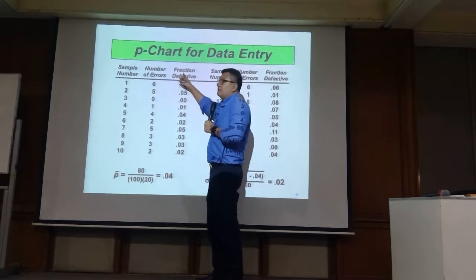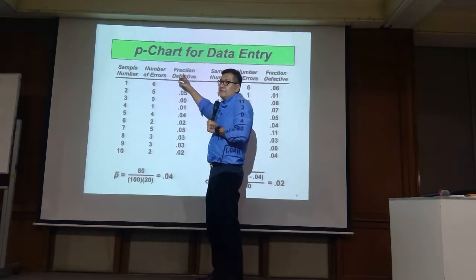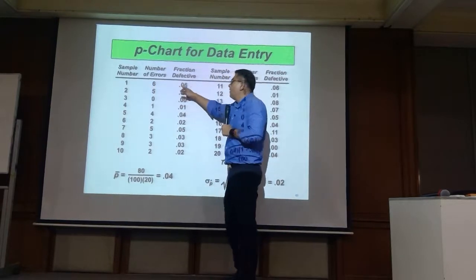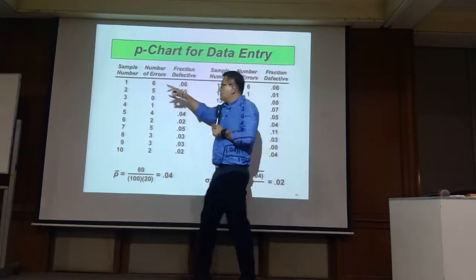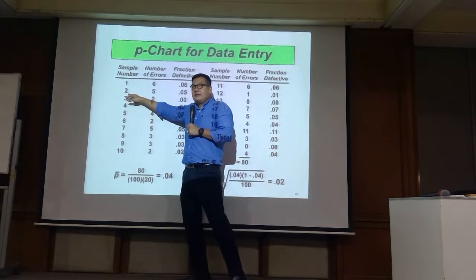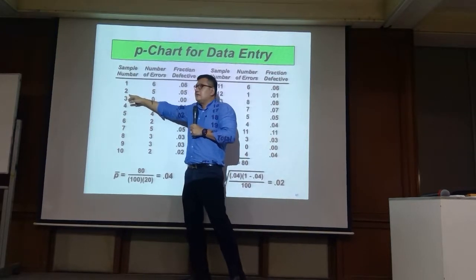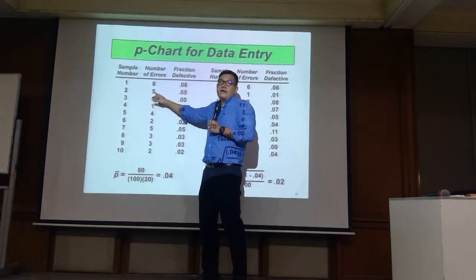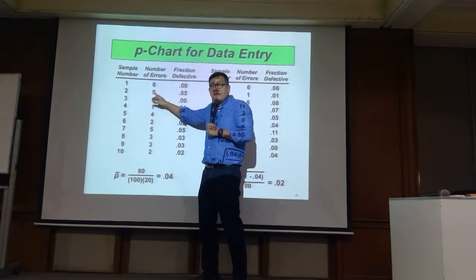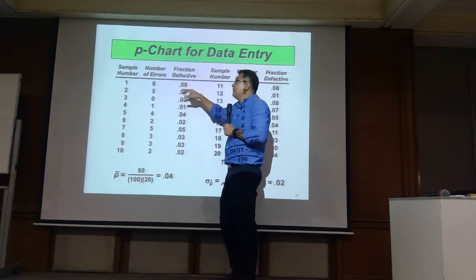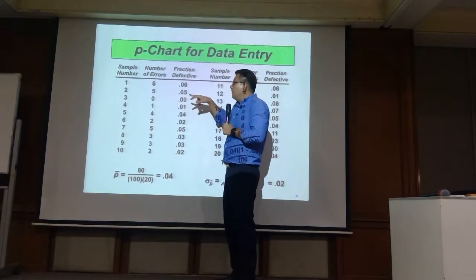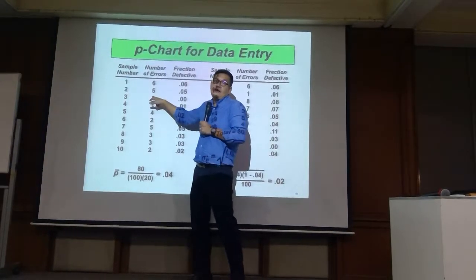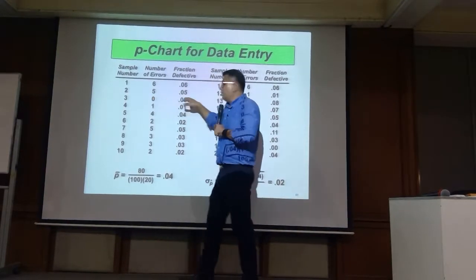So the fraction of defective product for the first hour is 6 over 100, so we have 0.06. For the second hour, the second sample, I take 100 units. Just 5 of them have the defect. So the fraction for the second hour is 5 over 100, we have 0.05. For the third hour, I sample 100 again. There is no defect, so the fraction is 0.